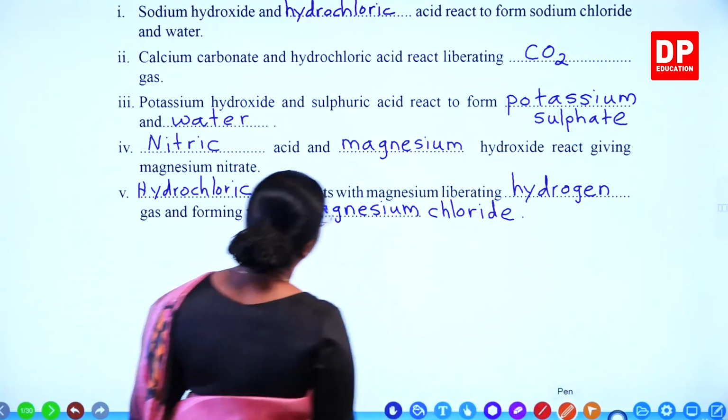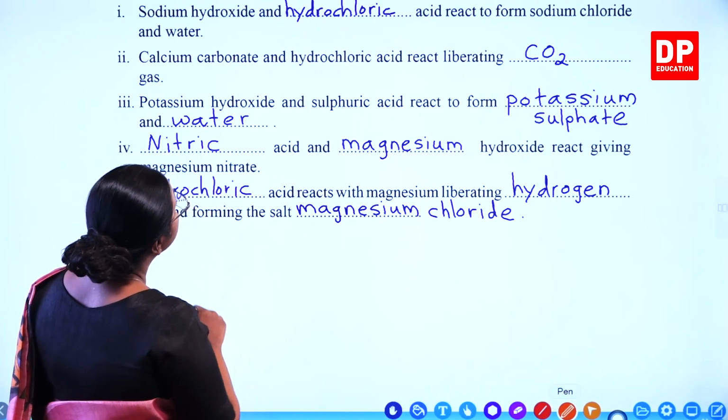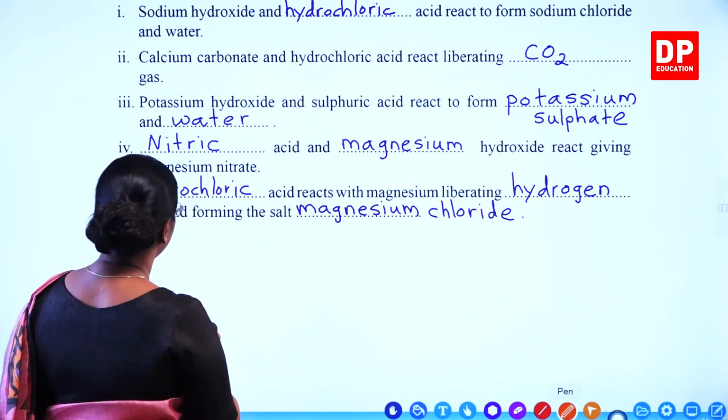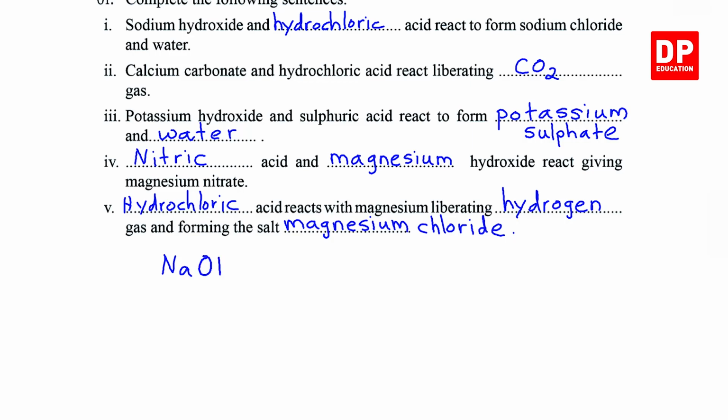Now for the first one, sodium hydroxide and hydrochloric acid react to form sodium chloride and water. So you know the base is sodium hydroxide. We don't know what the acid is, but you know the products are sodium chloride and water.